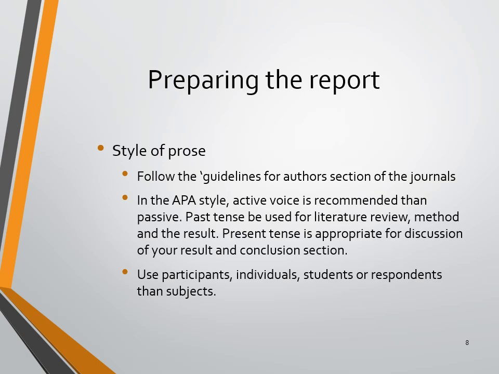I think this is mostly similar to other style manuals, though I'm not 100% sure. Use words like participants, individuals, students, or respondents, rather than subjects, because subject has various meanings. So try not to use subject nowadays.